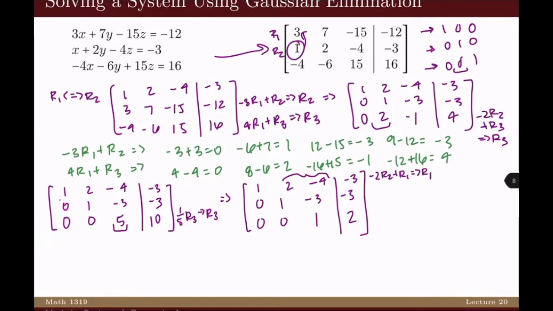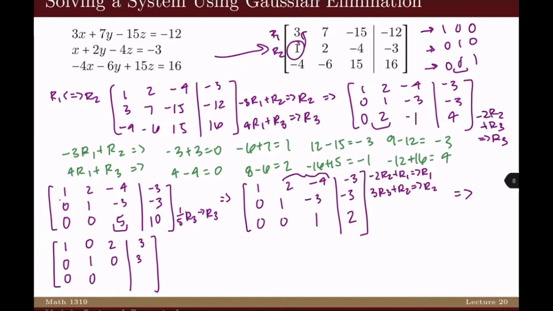And then I can also do 3 row 3 plus row 2 is my new row 2, which is going to get me, let's see, 1 and then 0, and then -2 times -3 is 6, minus 4 is 2, and then 6 minus 3 is 3, and then 0, 1, 0, and then 2 times 3 is 6, minus 3 is 3, and lastly I have 0, 0, 1, 2.